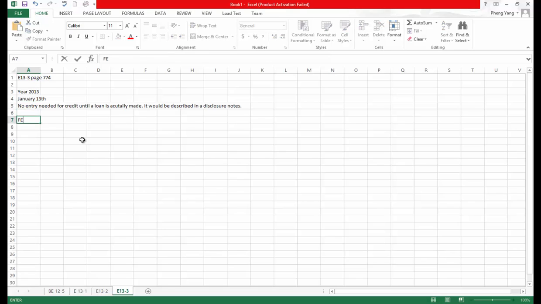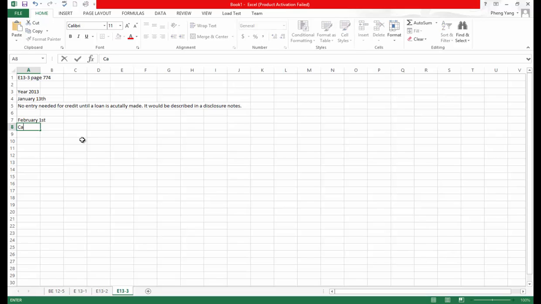Okay. February 1st. Arranged a 3-month bank loan of $5 million with Parish Bank under the line of credit agreement. Interest at the prime rate of 10% was payable at maturity.